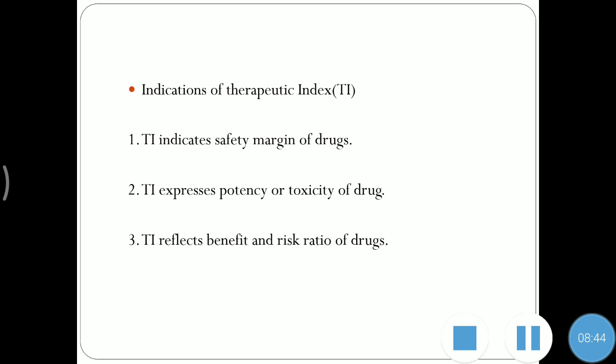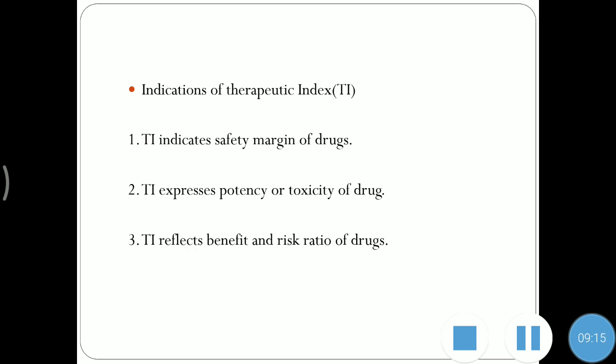The therapeutic index indicates the safety and margin of drugs, which should be increased, which gives much window to use the drug. Second, it expresses potency or toxicity of drugs, how effective or toxic the drug is. Third, it reflects the benefit and risk ratio of drugs.